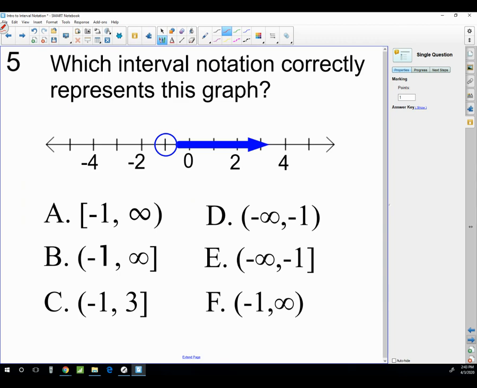All right, guess. I am getting F. We want to begin our interval at the furthest number to the left, which is -1, not including the -1, and that's with the parentheses. And then the last number would be the one on the right, which is infinity.